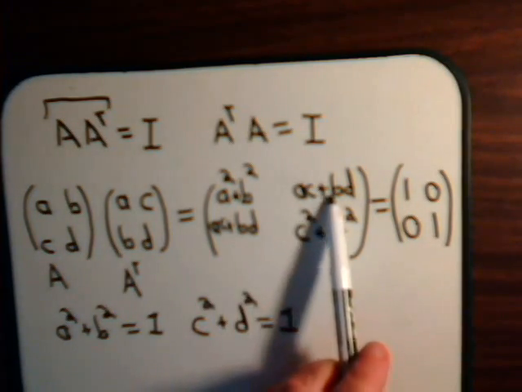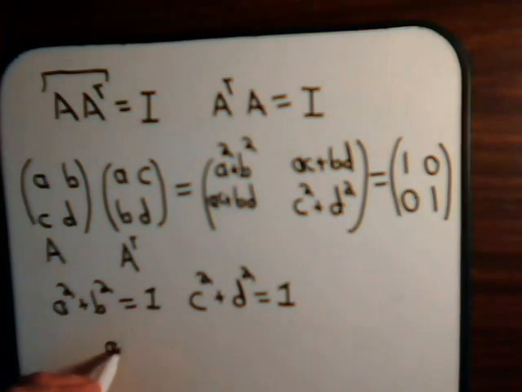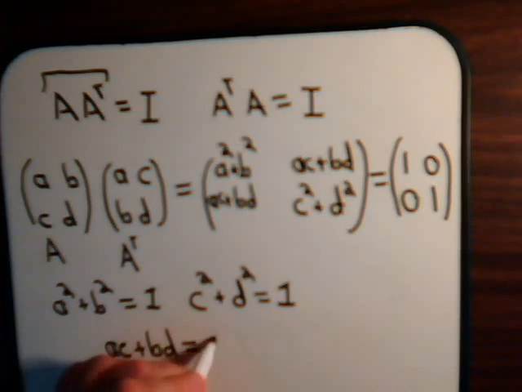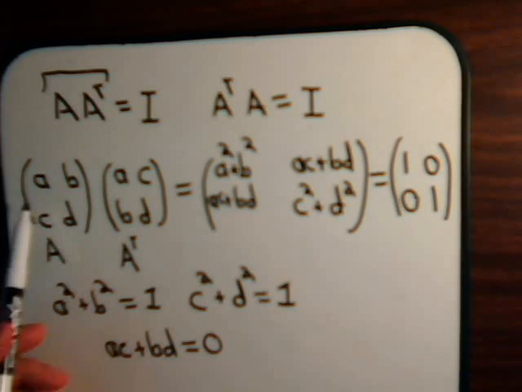And these two are the same, and that has to be 0. So we have ac plus bd must be 0.